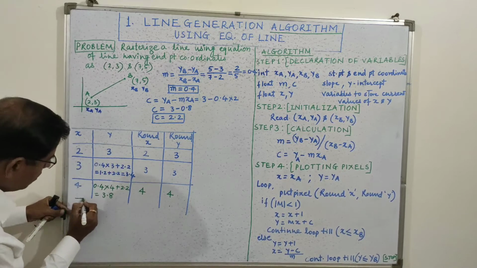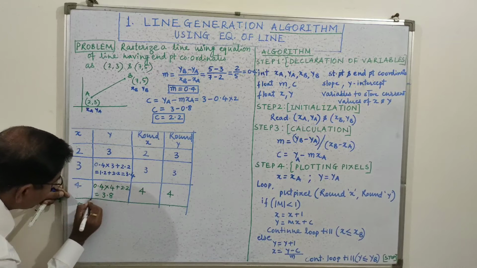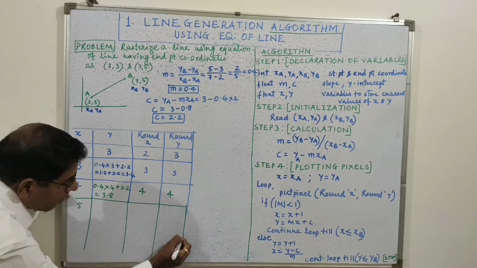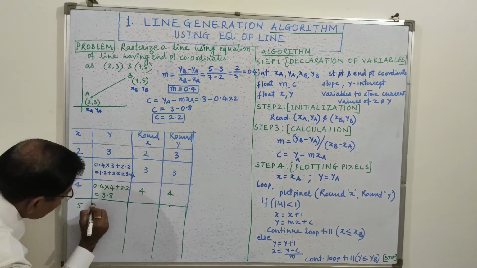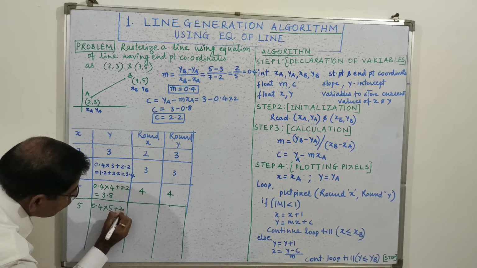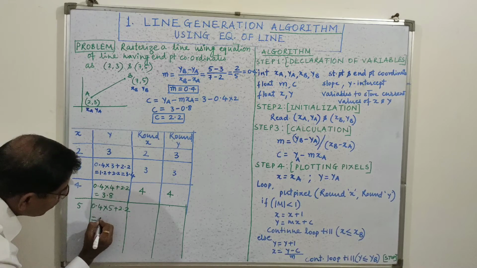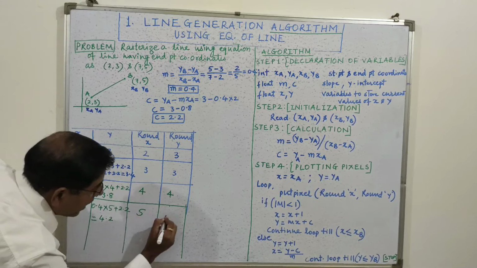Now the next iteration, x is 5. So it is 0.4 multiplied by 5 plus 2.2. This becomes 2 plus 2.2, that is 4.2. It is rounded as 5 and 4.